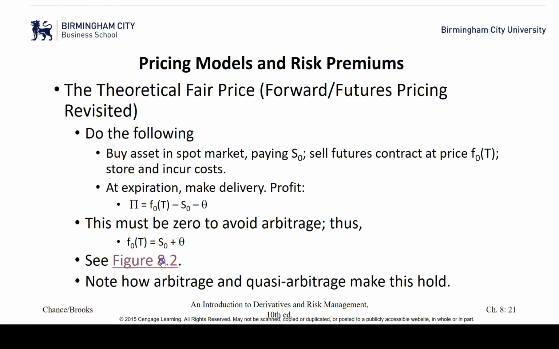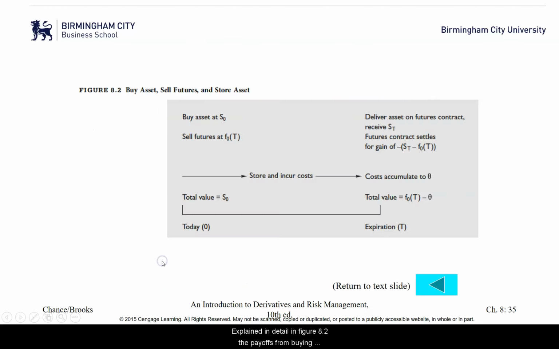These are explained in detail in figure 8.2, the payoffs from buying the underlying and the payoff from selling the future, and how this accumulates to the total value from the position at the end of the contract period.